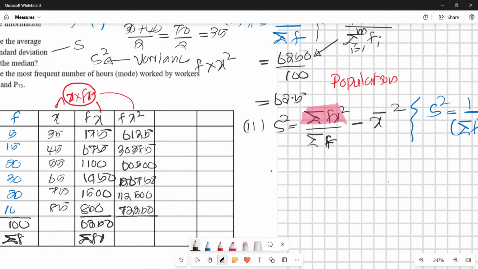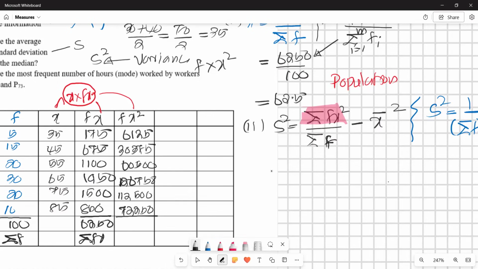Sigma fx², we can get 6125 plus 30,375 plus 60,500 plus 126,750 plus 112,500 plus 72,250.